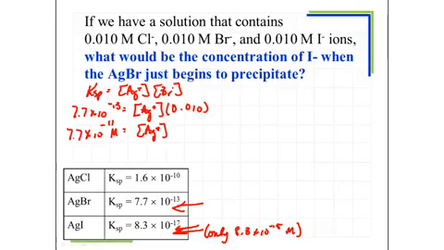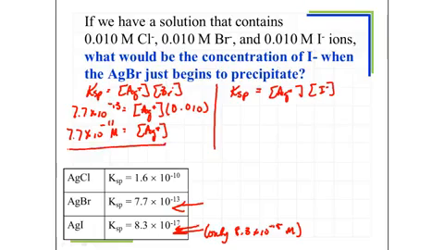Well, let's go back to our initial Ksp for silver iodide. And let us now put in this silver concentration that we got from here into this equation. Now the Ksp is still, of course, 8.3 times 10 to the minus 17. We have upped our silver concentration now to 7.7 times 10 to the minus 11.